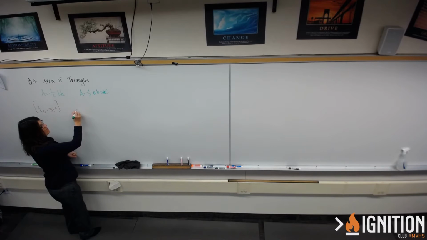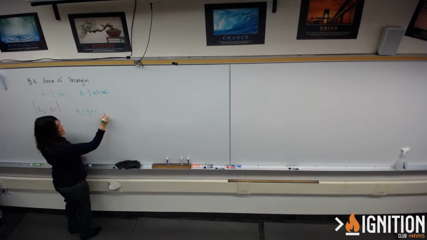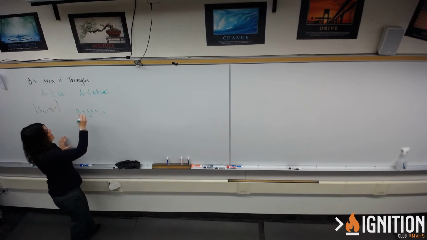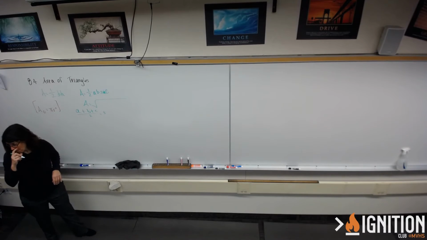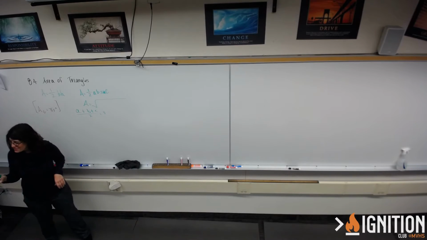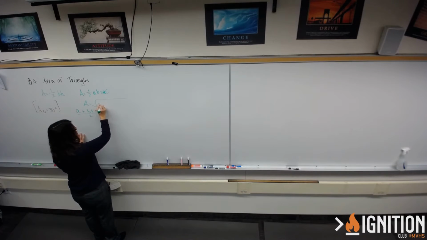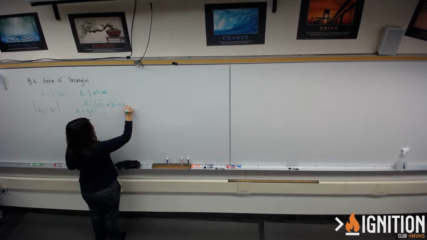A plus B plus C over 2 equals S. Yeah, it's like the square root of S times S minus A times S minus B times S minus C. It's close enough.